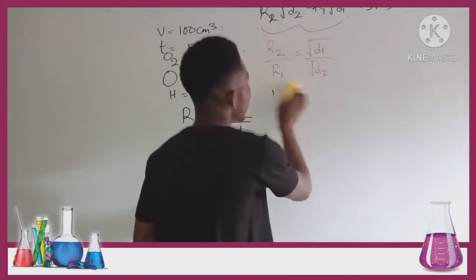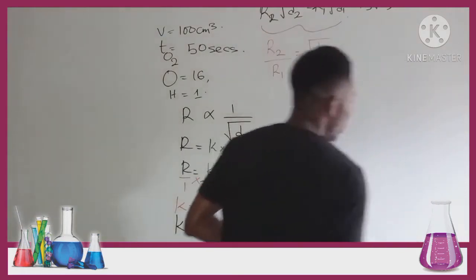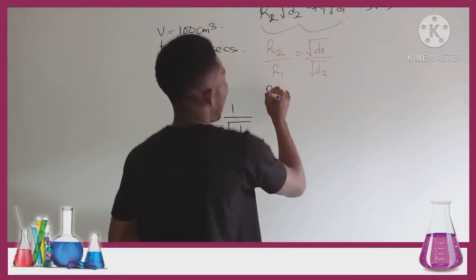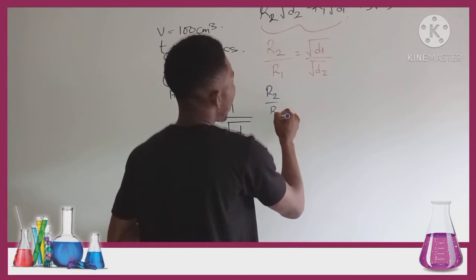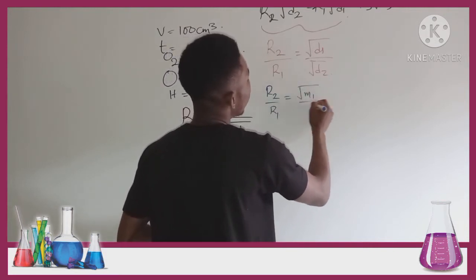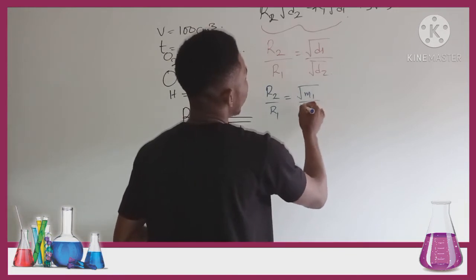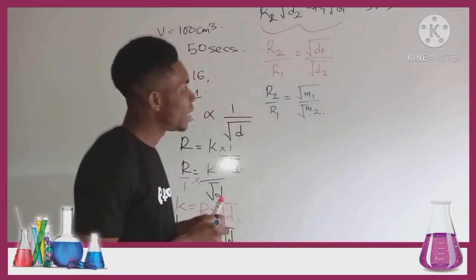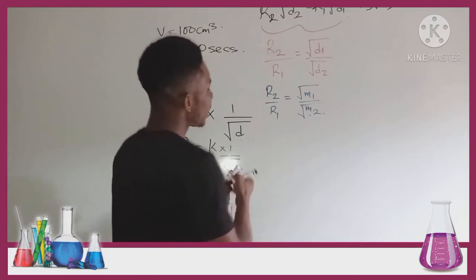So in this case, we can say that rho 2 over rho 1 is equal to root m1 over root m2.